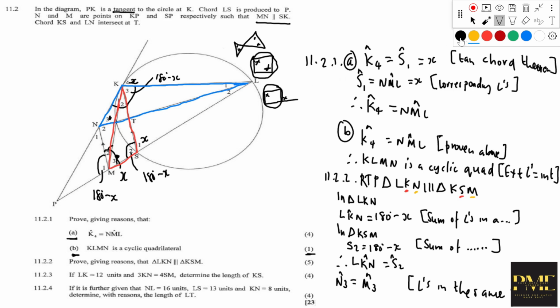Okay, so therefore we may conclude, right? Let us finish off up here, that we can therefore conclude that triangle LKN is similar to triangle KSM, guys. And then the reason for this is because of angles.